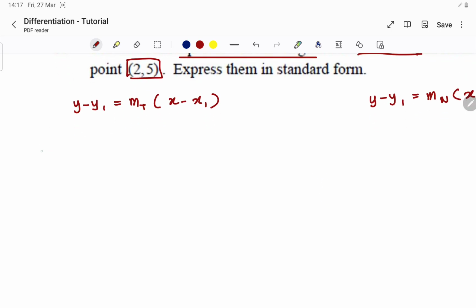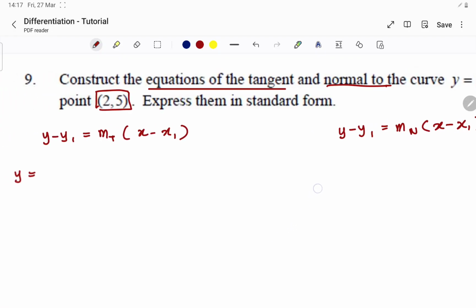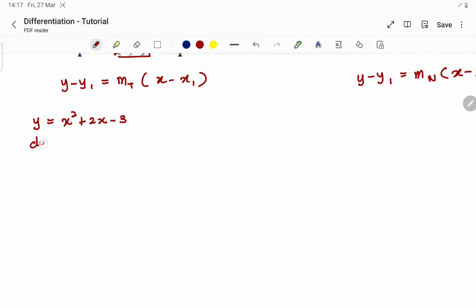How to find mt? Differentiate first. Differentiate y, which is y equal to x squared plus 2x minus 3. Okay, differentiate, you're gonna get 2x plus with 2, negative 3 here, you will become 0 when you differentiate.